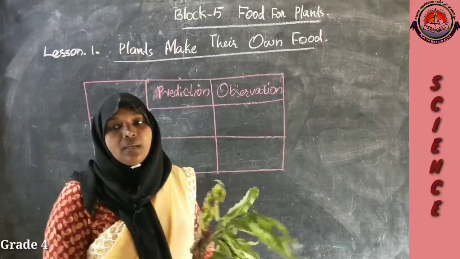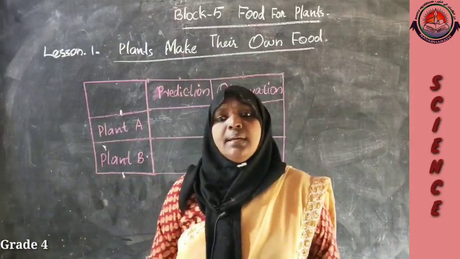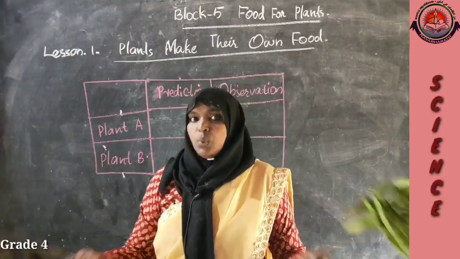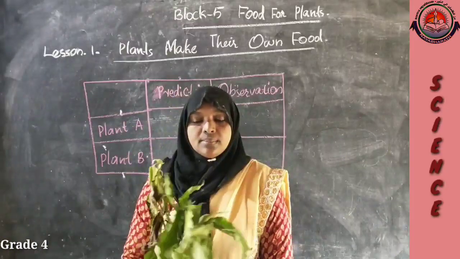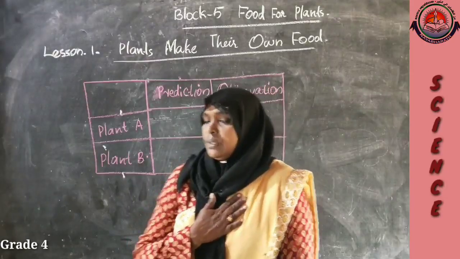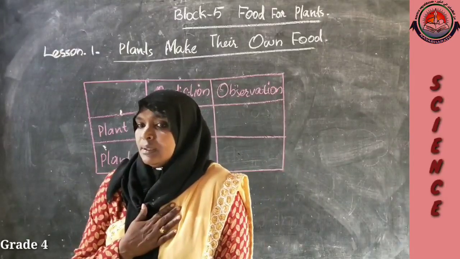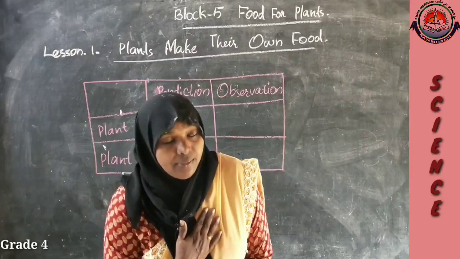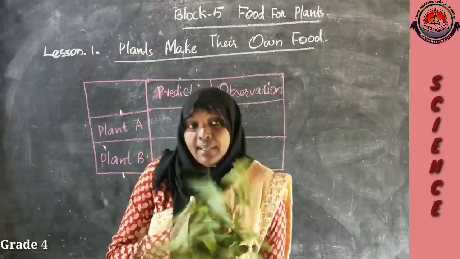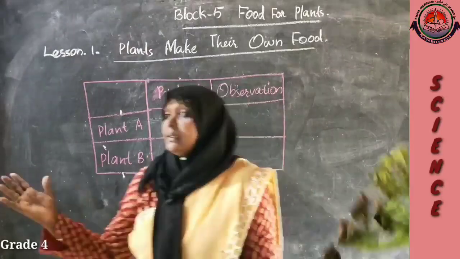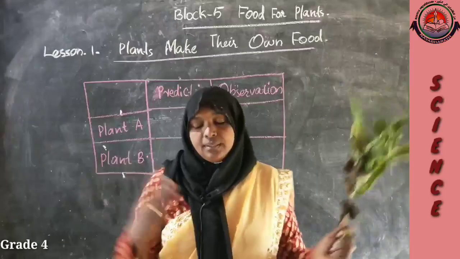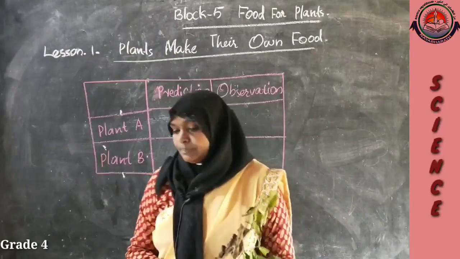So, why do you think the plants look like this? If we don't get food, what happens? We feel weak. Like that, if the plant can't make its food, it becomes weak. Clear? Okay.